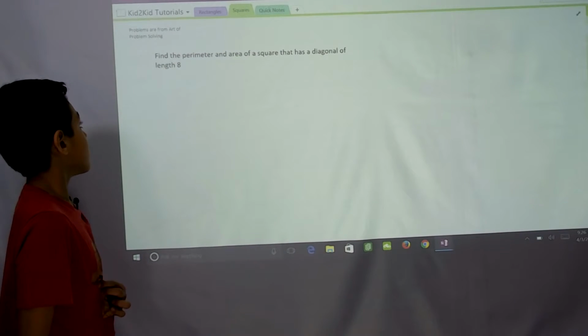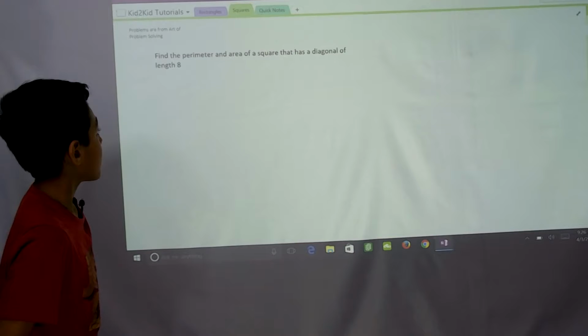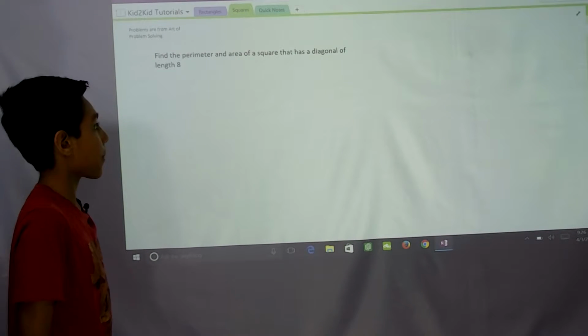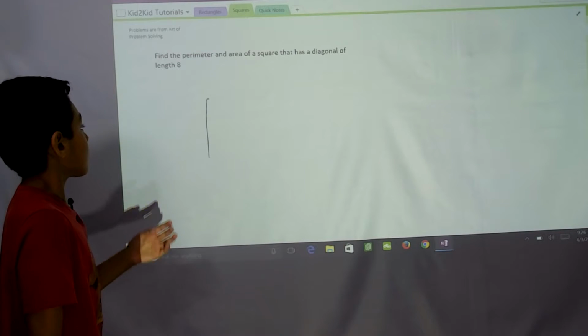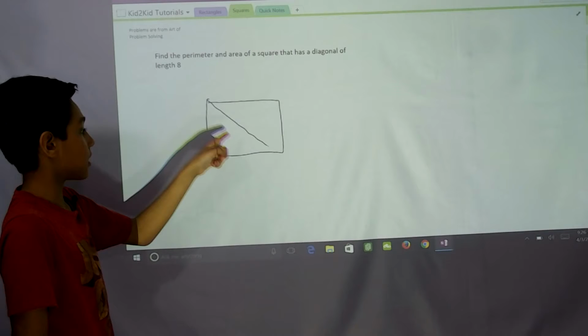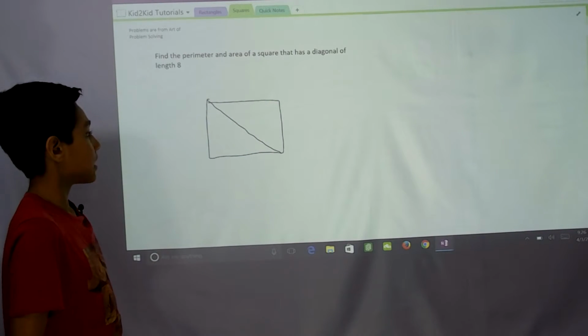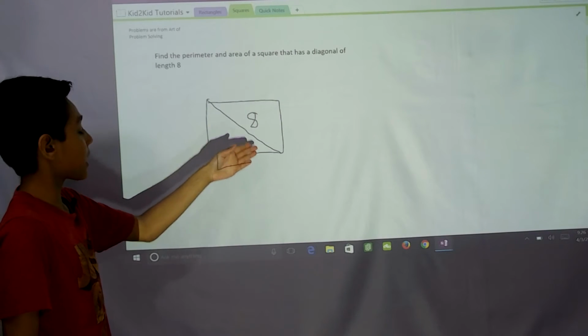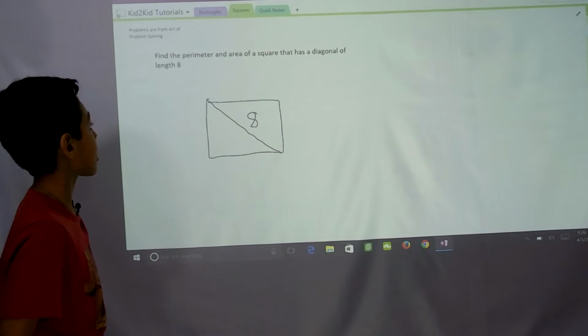So now we go to our problem on squares. Find the perimeter and area of a square that has a diagonal of length 8. So we know that a square is a rectangle, so the diagonals must be the same. So if this diagonal is 8, then this diagonal is 8.